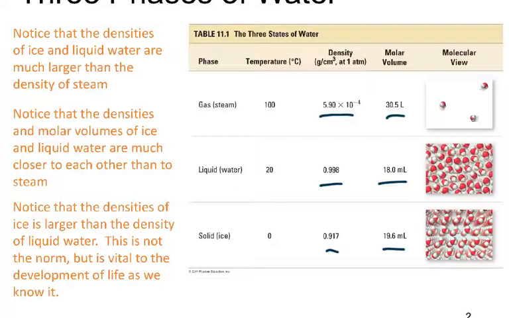Ice is less dense than water, so it floats on top of it, which is not normal for a small molecule like that, but it is essential for life as we know it. If ice sank, that would have huge consequences to the world's water systems. Think about ice sinking, that would kill all the fish.